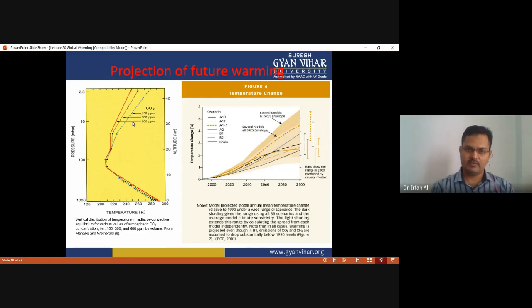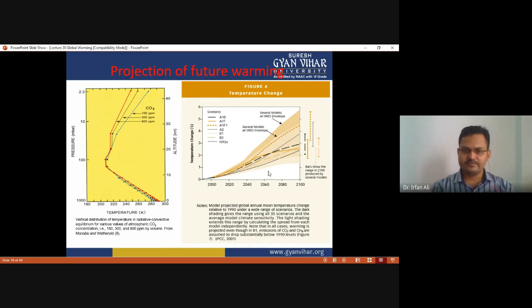If carbon dioxide is up to 300 ppm, this trend is observed. And if the CO2 level is up to 600 ppm, this trend is observed. So you can see that various values of atmospheric carbon dioxide concentration have a different effect on raising the temperature of the globe.